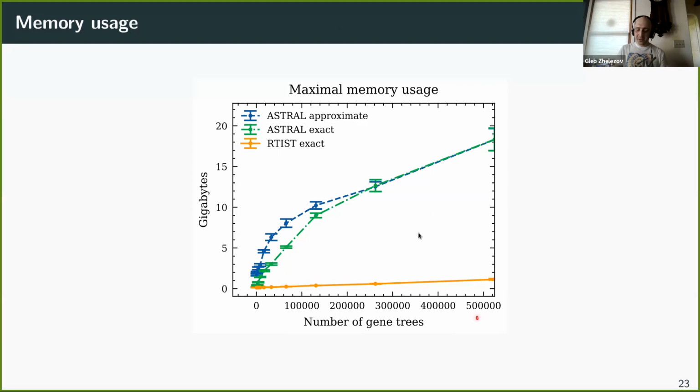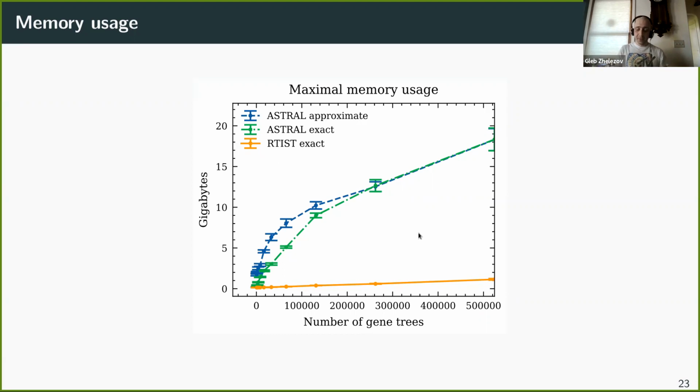But anyway, when you're working with many gene trees, a top-down approach is going to require you to have this very large stack in your memory, where you're keeping track of your calculations over many gene trees, over many bipartitions, and so on and so forth. And that's going to happen for both the approximate and the exact case. And it's going to be linear in the number of gene trees.